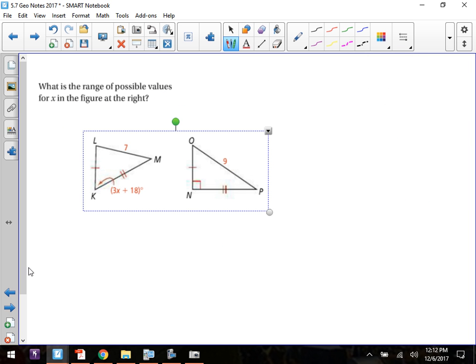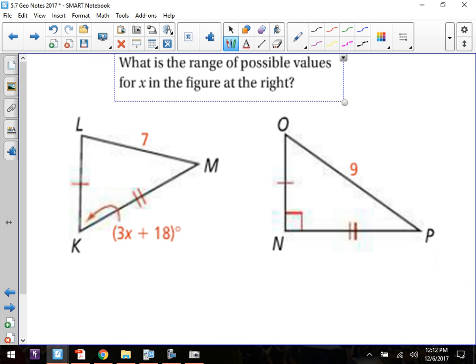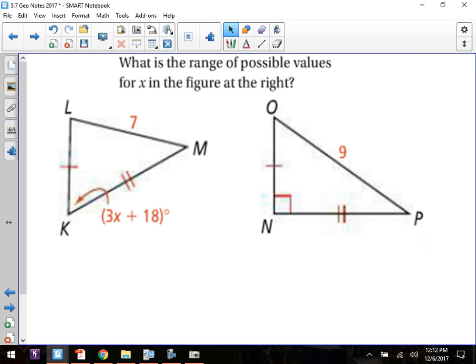Same idea. What is the range, what are the possible values of x for this one?